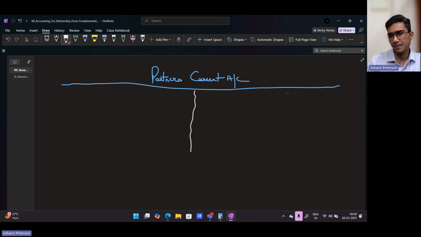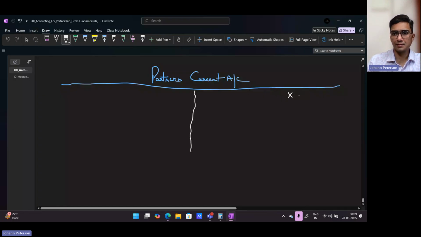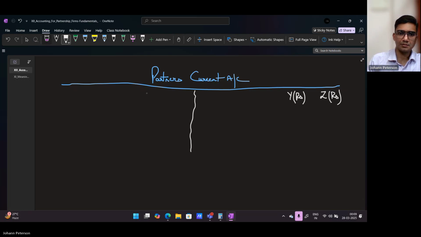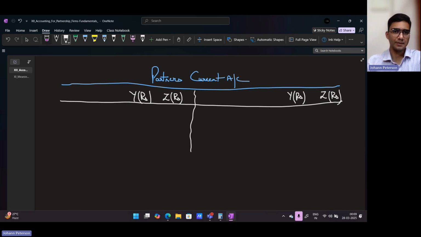So I'm just writing X. Sorry, I think it's Y. It's Y. Okay, Y rupees and Z rupees. Similarly, Y rupees and Z rupees. Just particulars also, you can write over there. For now, let's continue. So the first item that I will write here is by.